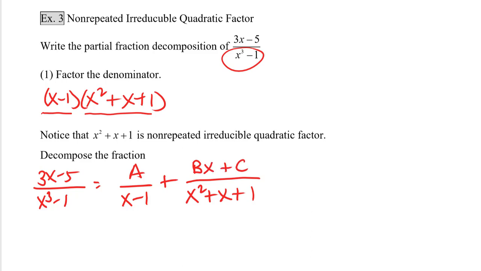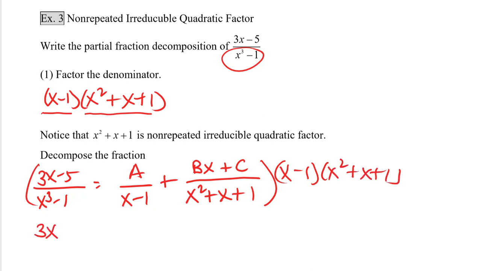Now that we have decomposed the fractions, we'll multiply both sides by the GCF. The left side becomes 3x minus 5. When I distribute over here, the x minus 1's cancel, and I have a times x squared plus x plus 1.